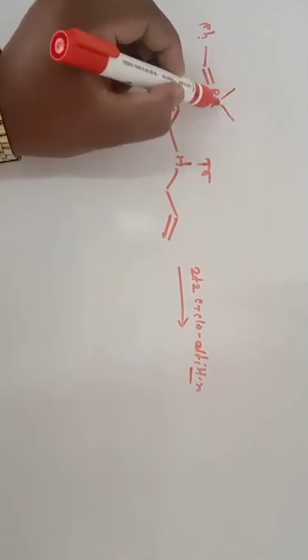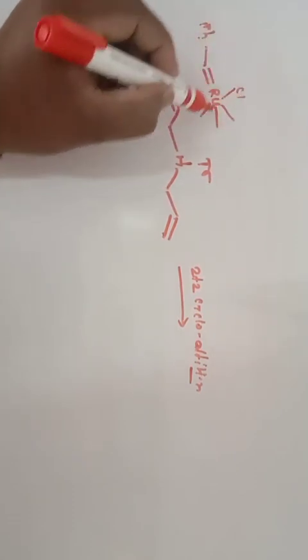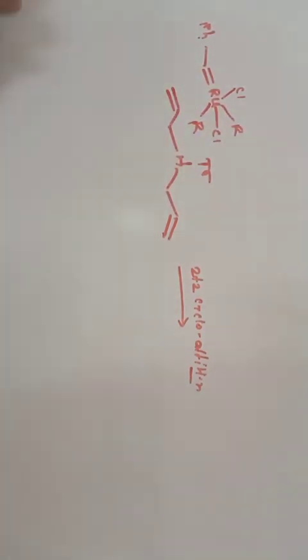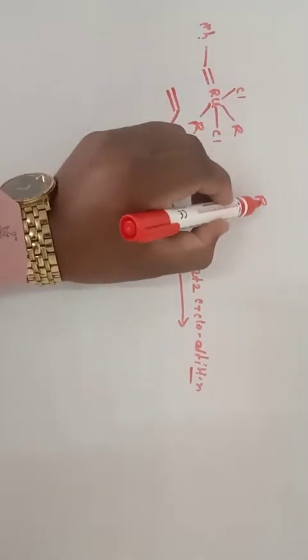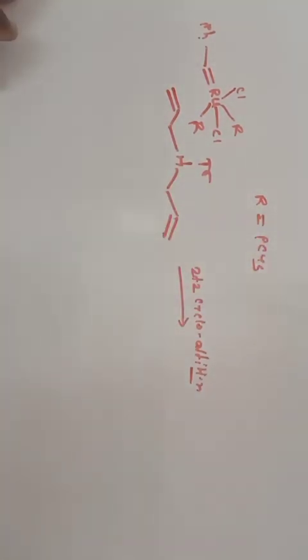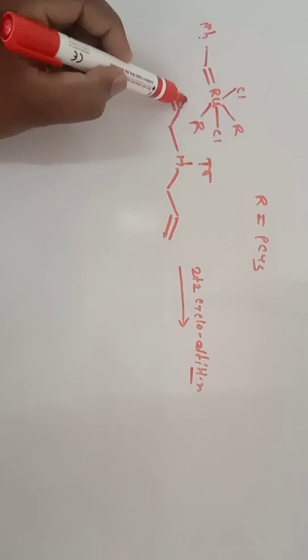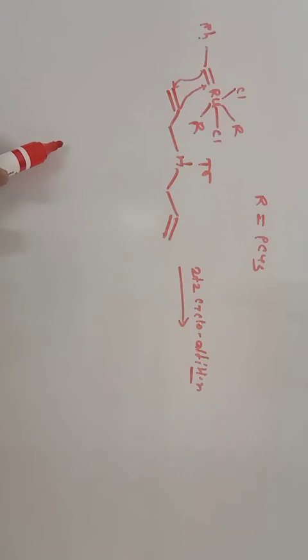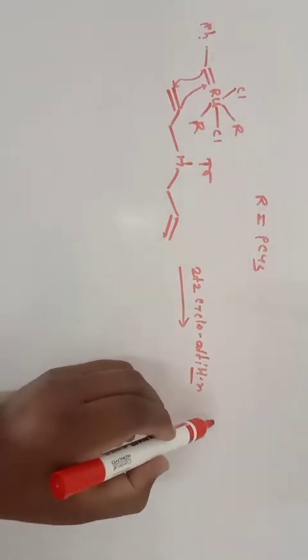There are 4 substituents, out of that 2 are chlorines and 2 are tricyclohexyl phosphine, denoted by the symbol R. This Grubbs catalyst shows a 2 plus 2 cycloaddition reaction with one of the alkenes. It will attack here, and at the same time attack here. So what is the product, what do you get here?